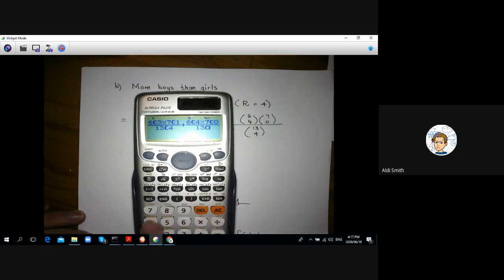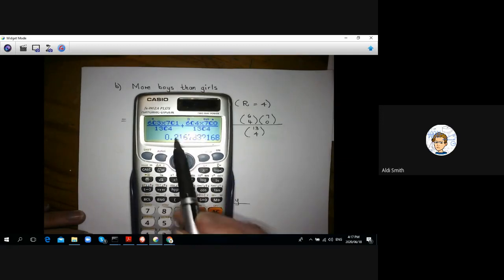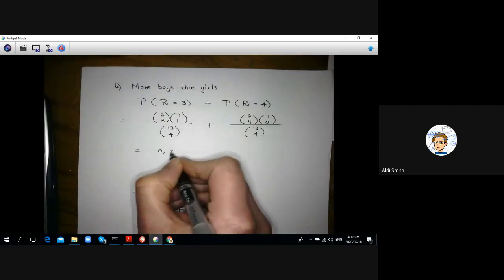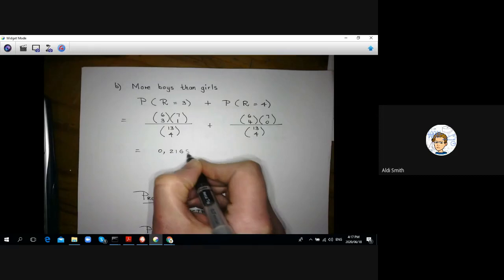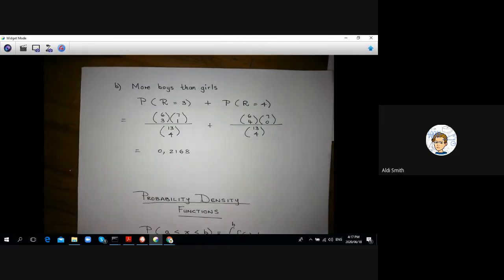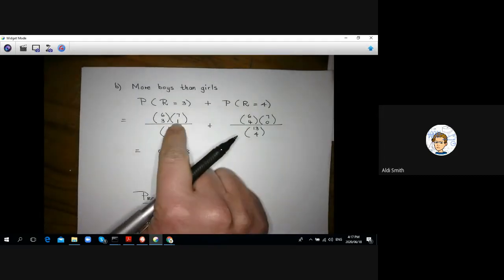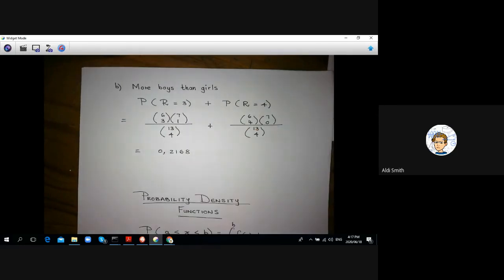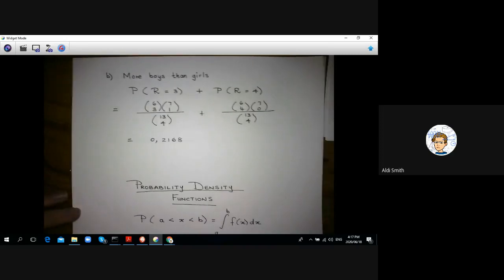Sorry, 4, not 1. And that is then going to give me 0.2168. And that's the probability of having either 3 boys and 1 girl, or having 4 boys and 0 girls. That's your probability. Okay. Right, so that is then pretty much your hypergeometric probability mass function.